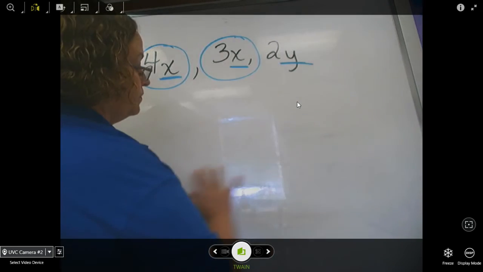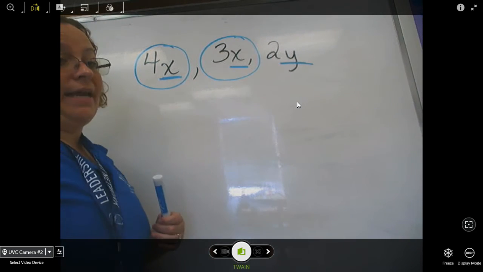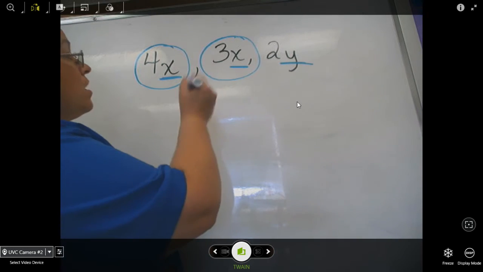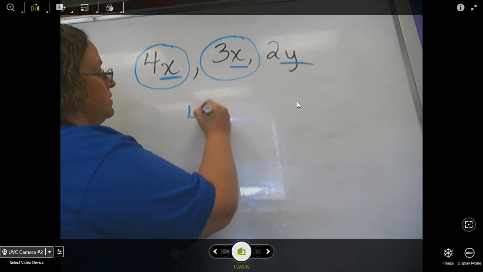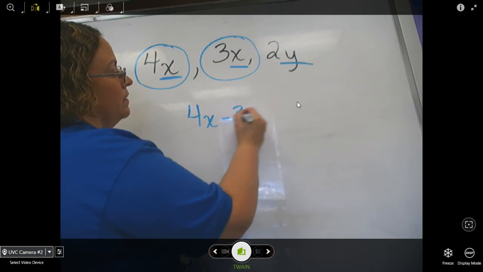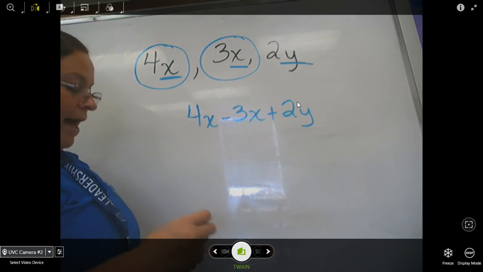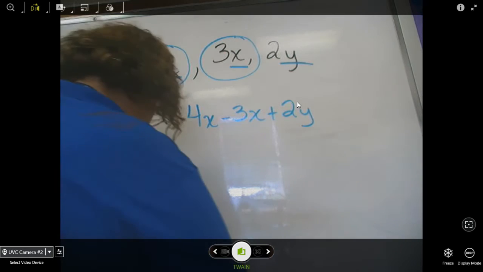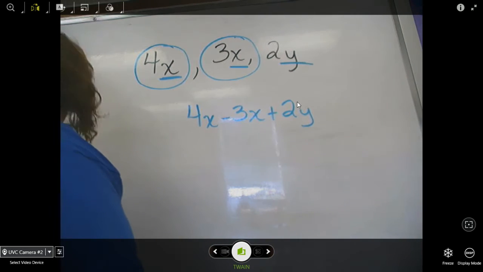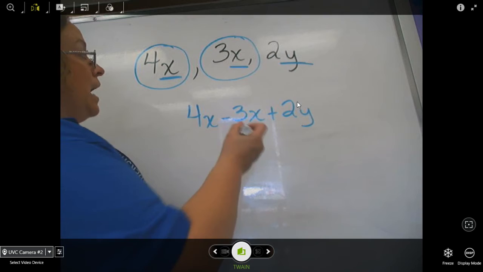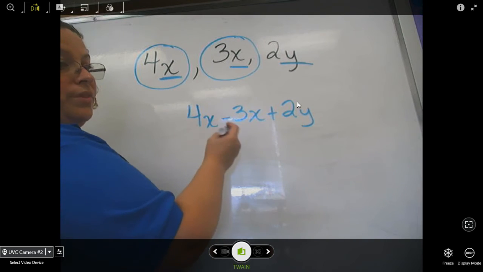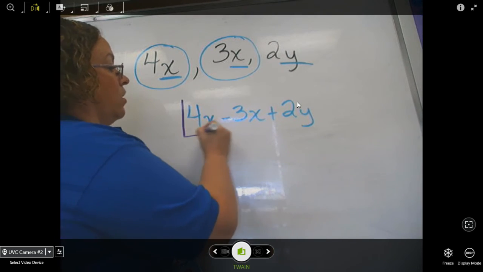So now, you're going to be asked to combine like terms. So now, instead of this, what if I have this? And I say combine like terms. I'm still only going to be able to work with the x's because they're the only thing that are alike.